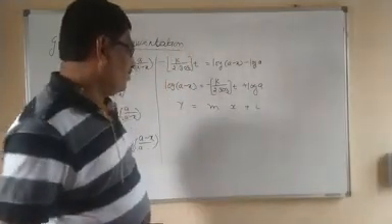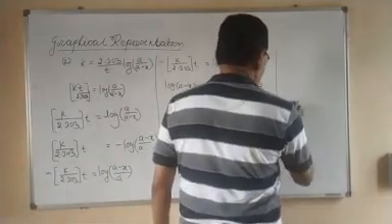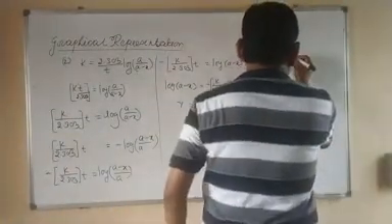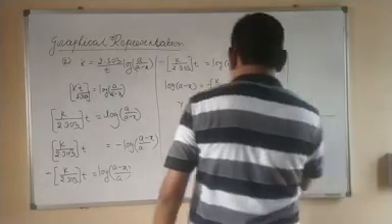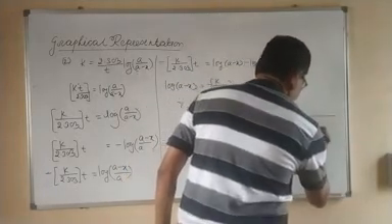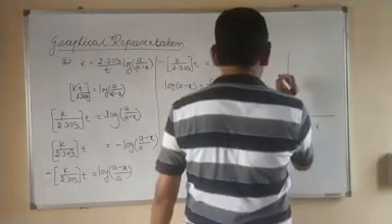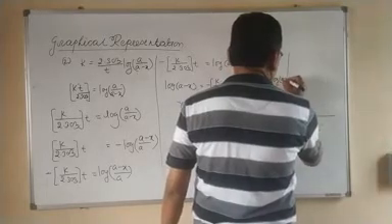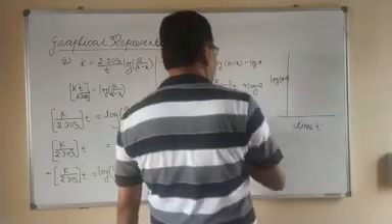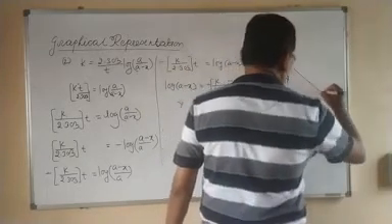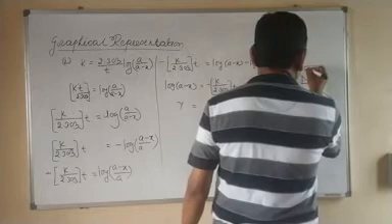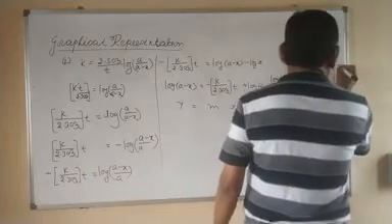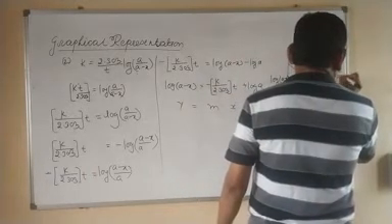Now it can be shown graphically. On the x-axis we have time small t and on the y-axis it is log of a minus x. The negative slope nature will be like this. Slope m is equal to minus k upon 2.303.